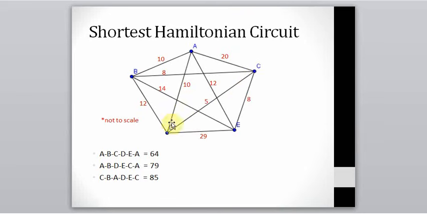C to D, that's 5. To E, that's 29. Back to A, that is 12. The sum of all those edges is 64.